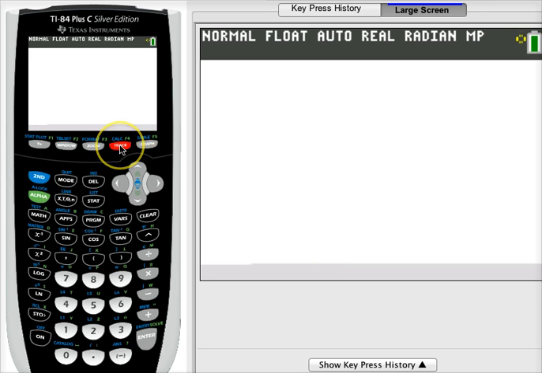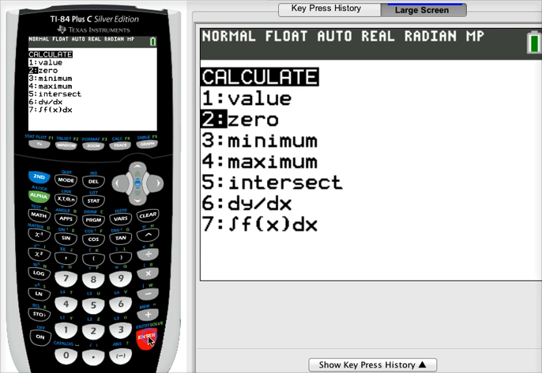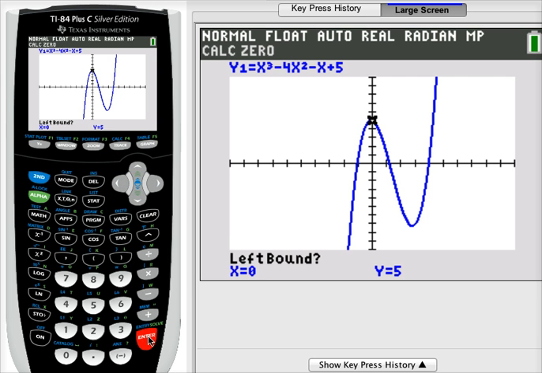I'm going to calculate the zero, and I'm going to start from my leftmost zero and work right. So here is a left bound of that zero. Now I'm going to scoot right, and there's to the right of that zero.